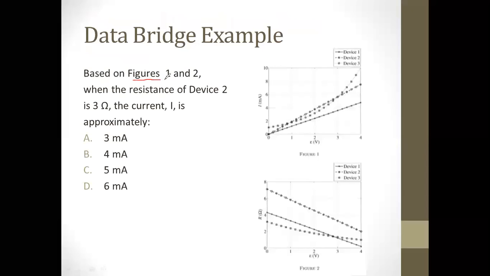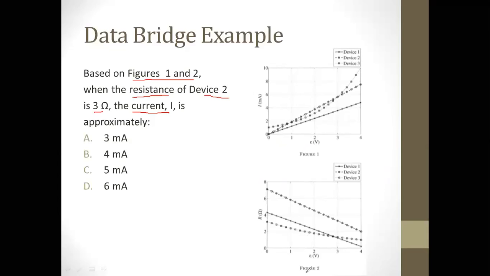So here we have figures 1 and 2. Already we have multiple figures in the question, so we know it might be a data bridge example. Resistance, device 2, 3, and then we're being asked the current, I. So because they gave us the resistance, we want to start with figure 2, which tells us the resistance.